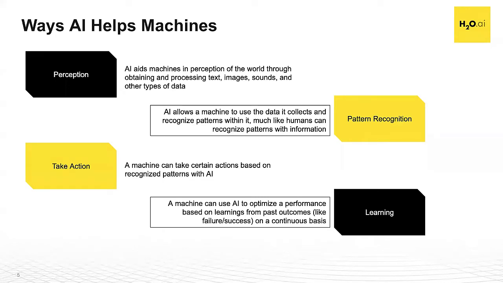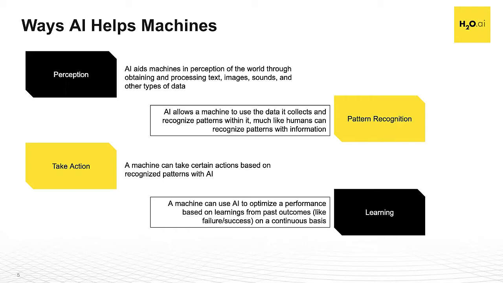This is where a machine perceives the world, sensing what's going on like we do by using information like text, images, videos, sound. You can relate that to things like speech and object or image recognition.